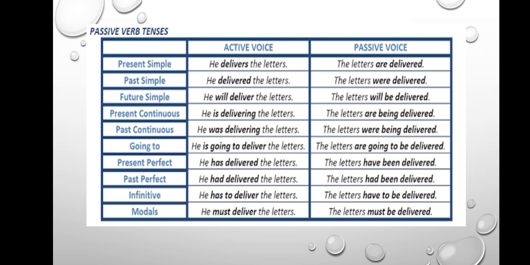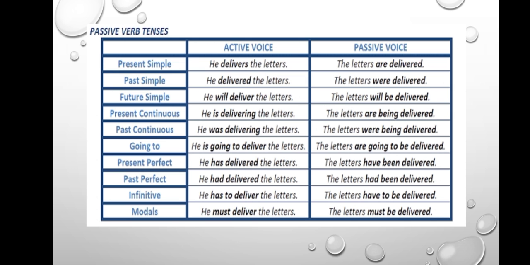He had delivered the letters. So now the letters is the object. Now it will become the subject of the passive voice. In past perfect passive voice, we have to use had in active as well as in passive voice. The letters had been delivered by him.